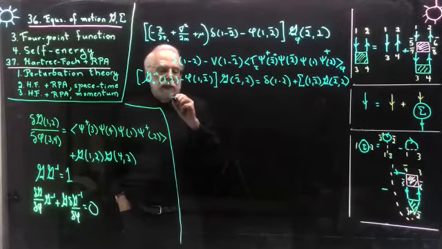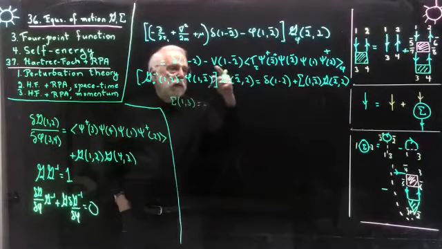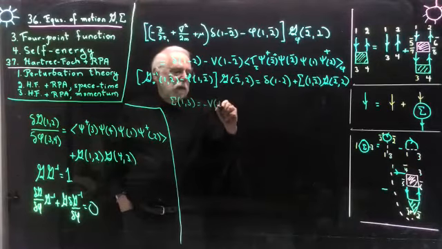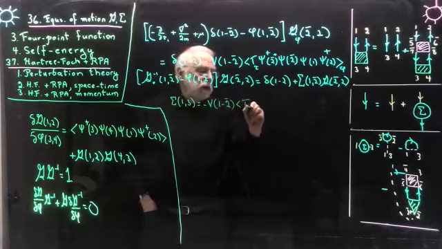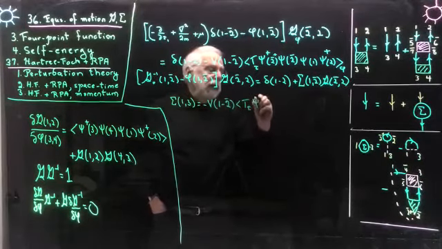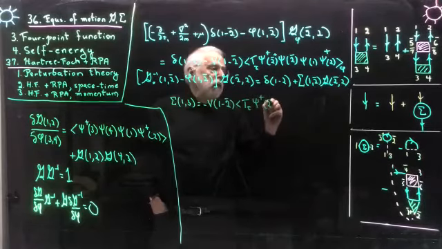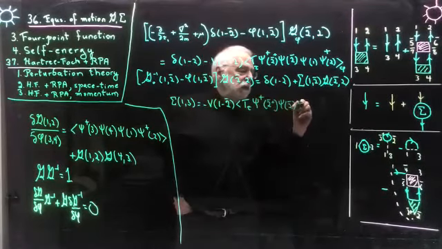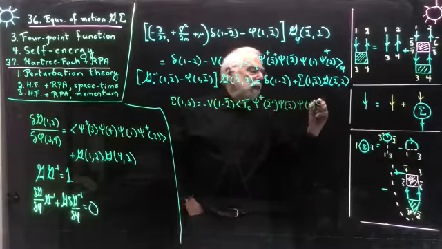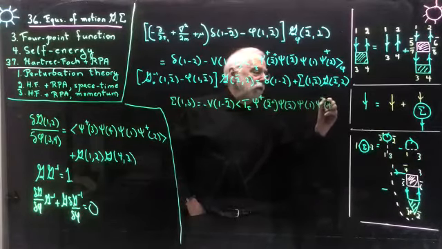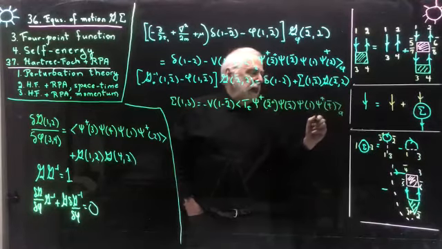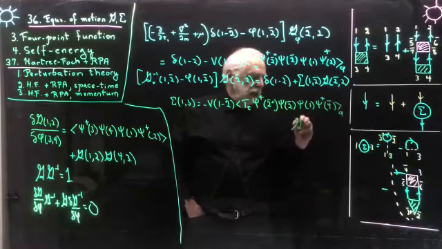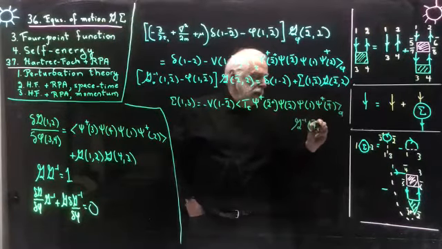So I will write that sigma 1, 3 is equal to minus V of 1 minus 2 bar times the time-ordered product of psi dagger 2 bar psi of 2 bar times psi 1 times psi dagger of 4 bar, at phi, times G minus 1 of 4 bar 3.